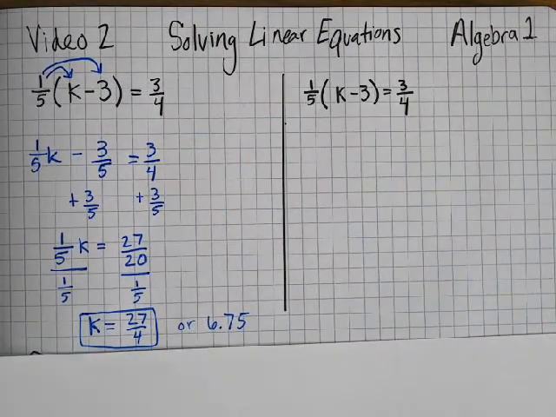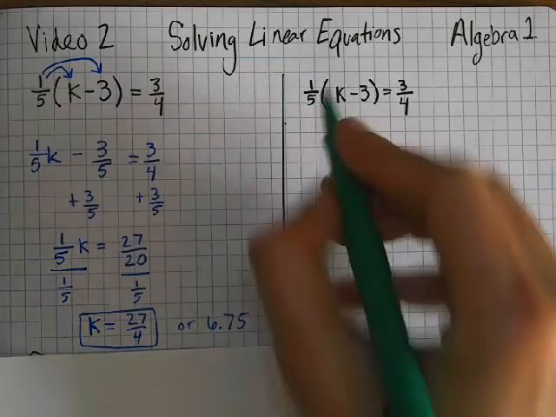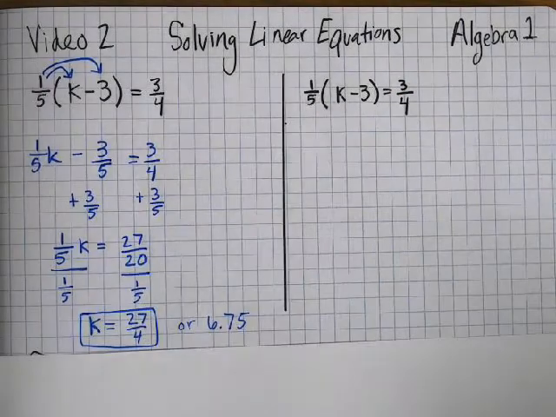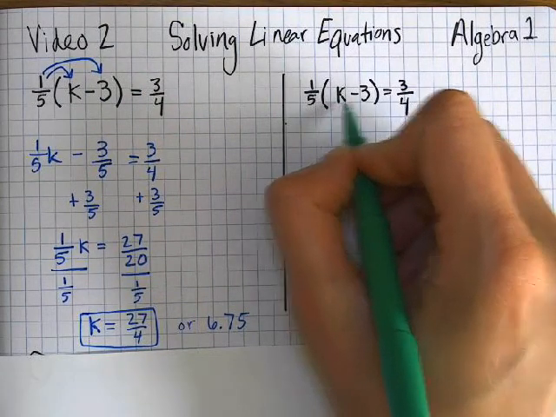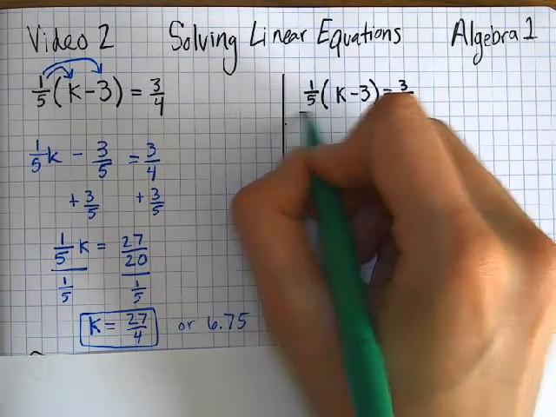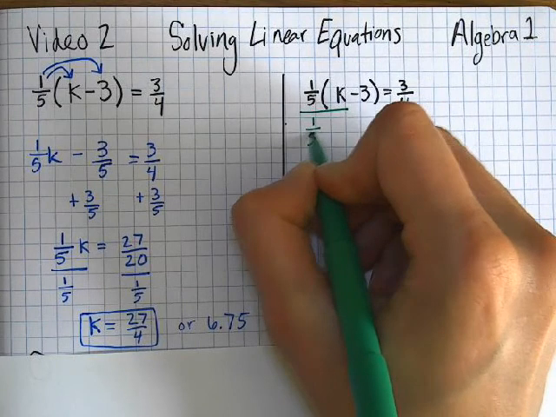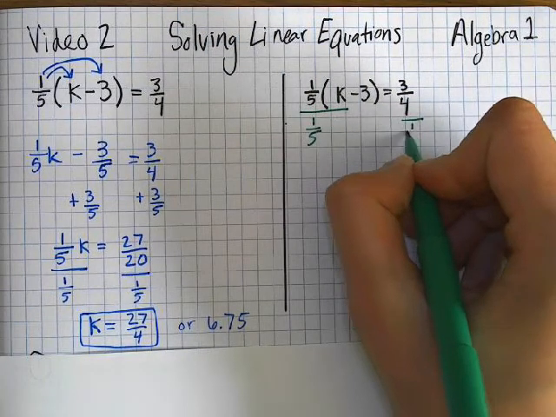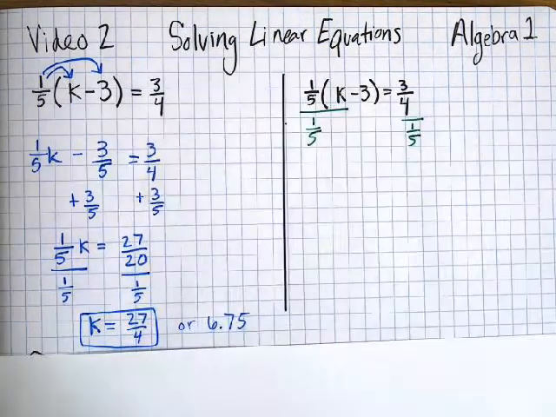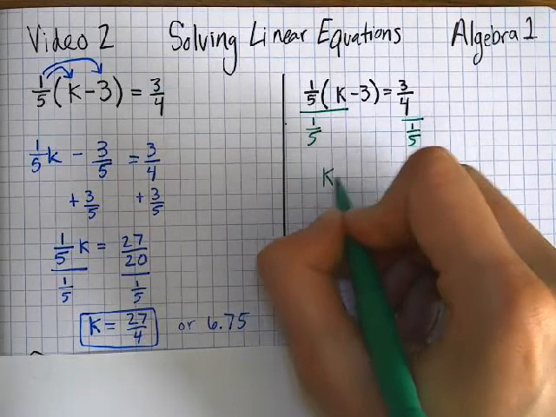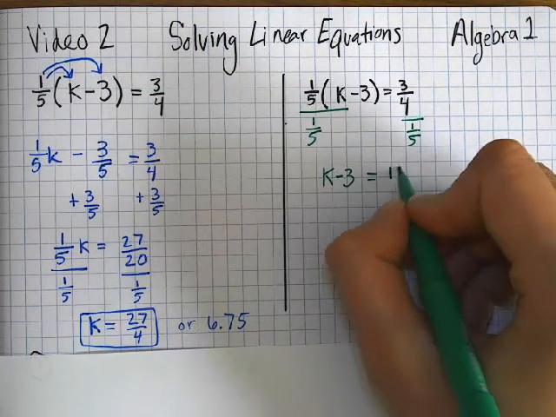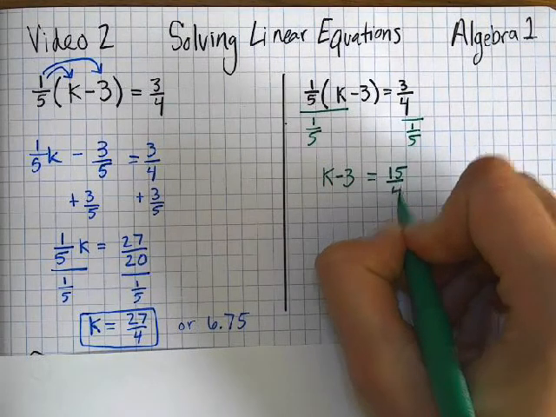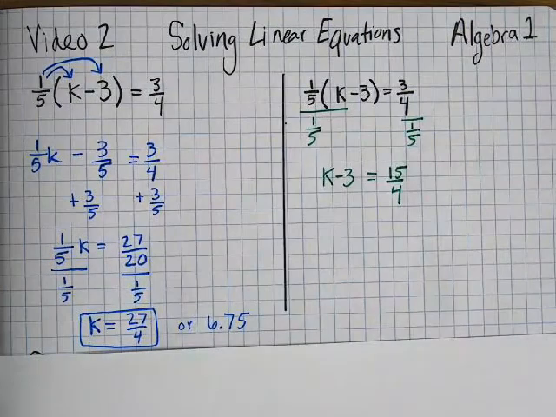Now another way, same problem, is instead of distributing this 1/5, we can just get rid of it. It's being multiplied by the k minus 3. So to get rid of it, we're going to divide by 1/5 first. That leaves just the k minus 3, and then we're left with 15/4.